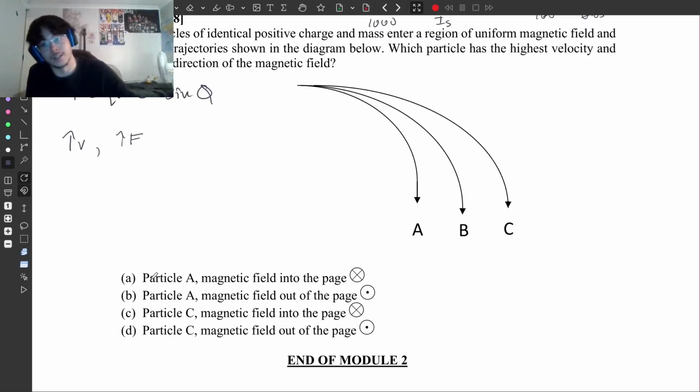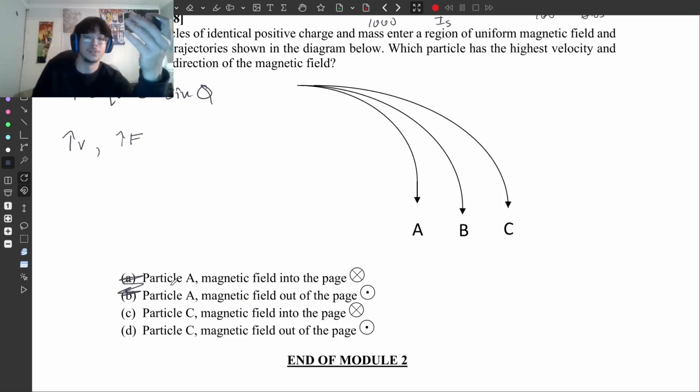So that means that it's going to be particle C, which means that we can get rid of A and B. Now the direction of the magnetic field, we have to know that the force that acts on this particle is going to be perpendicular to both your velocity and your magnetic field vector, while also obeying the right hand rule.